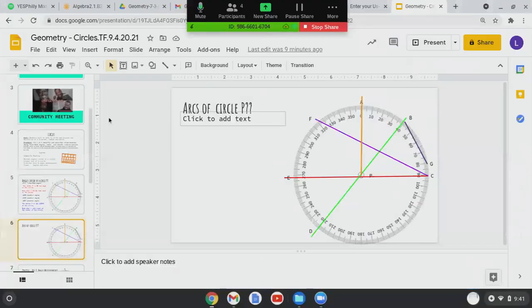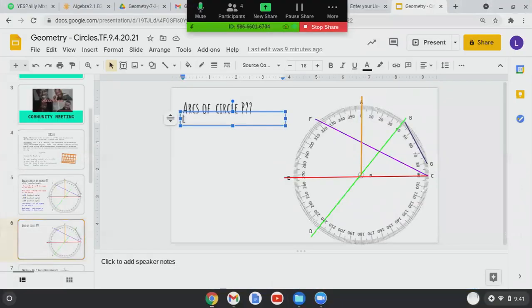I've got a question. Does anybody remember how to describe any of these types of arcs? We talked about it last term. Can you describe a minor arc, a semicircle, or a major arc?